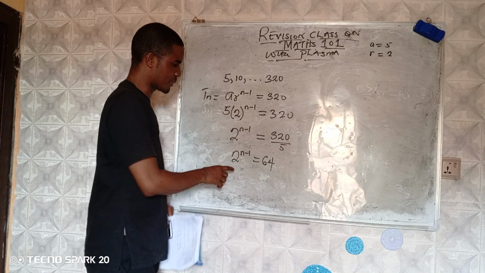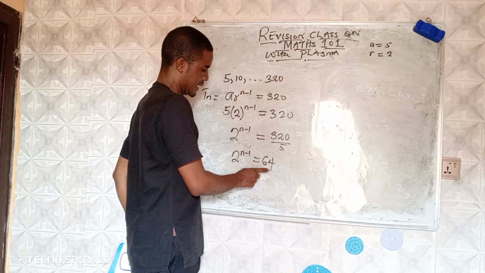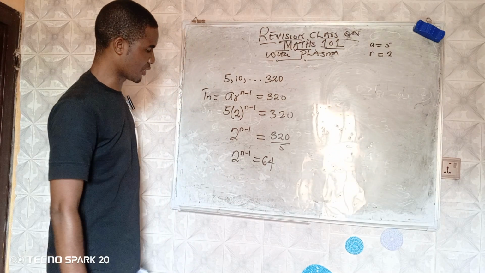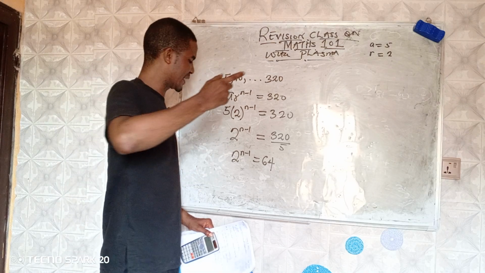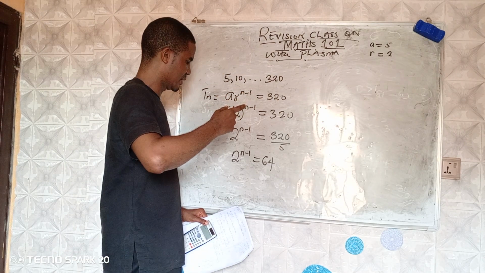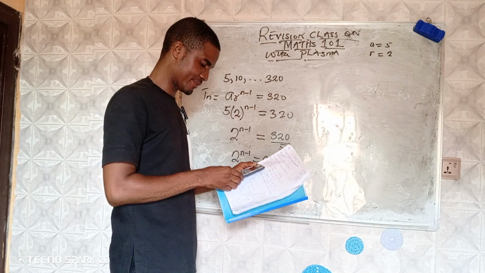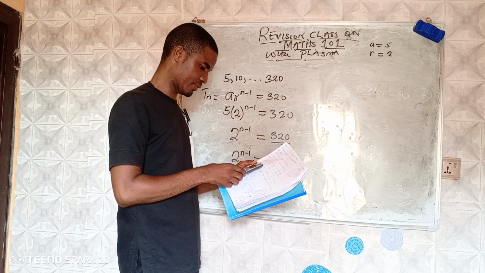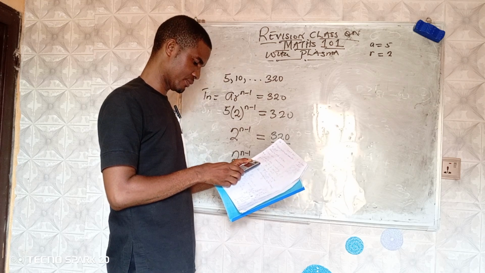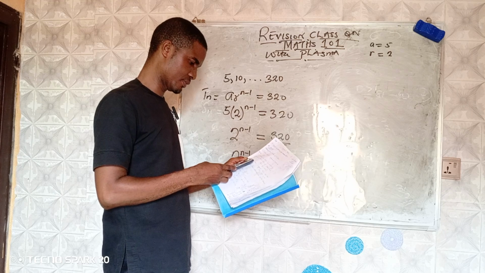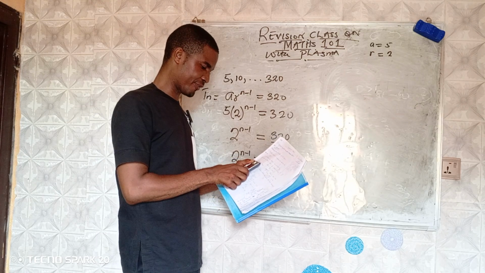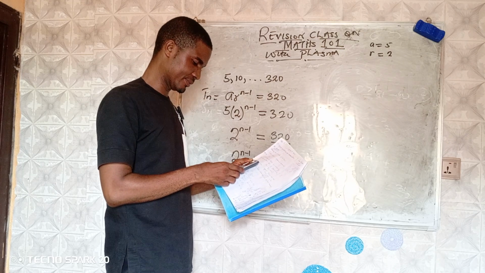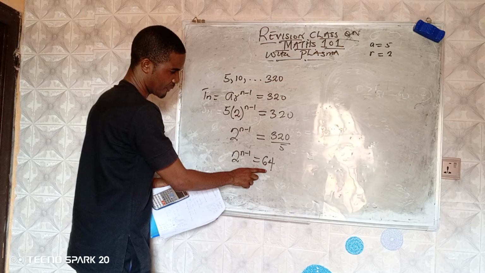So what I'm going to be looking for here is the equivalent of n minus 1. 2 raised to power what will give me 64? 2 raised to power 4 is 16. 2 raised to power 5 is 32. 2 raised to power 6 is 64.